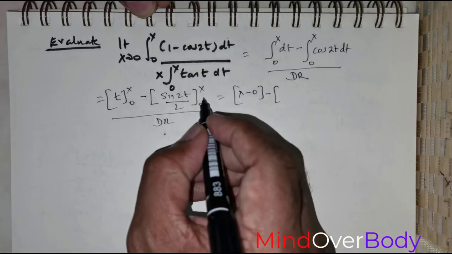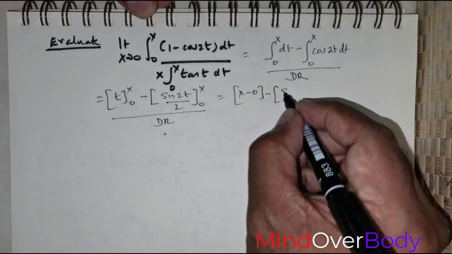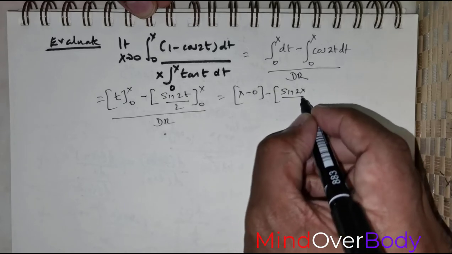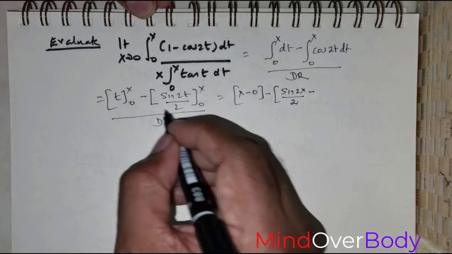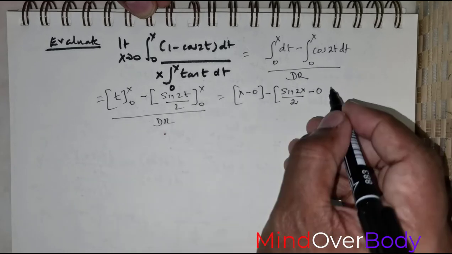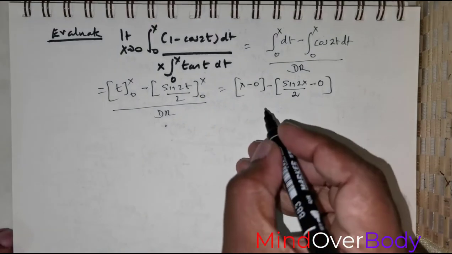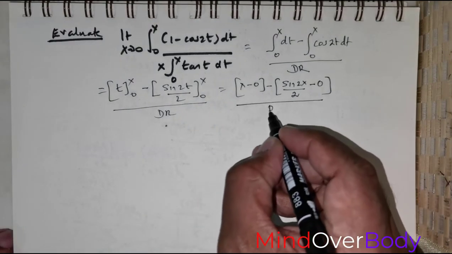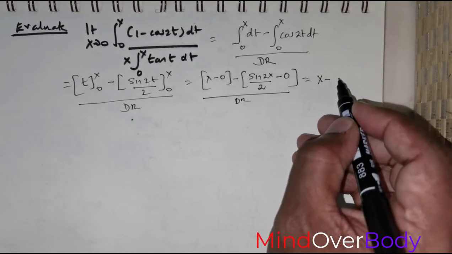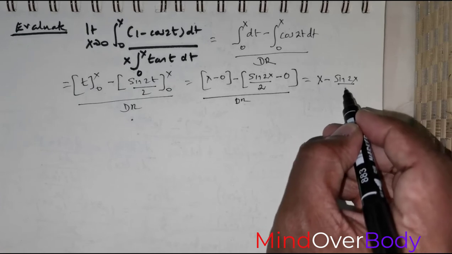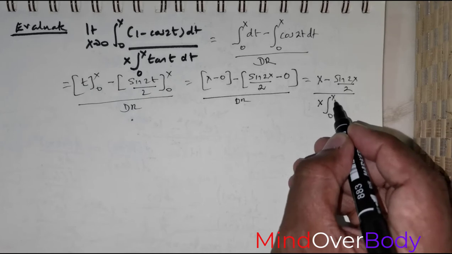I substitute the upper limit, I'm going to get sin 2x divided by 2, negative, I substitute the quantity 0, I'm going to get 0 everywhere. So this is divided by the denominator. Now if I were to rewrite this, this is going to be x negative of sin 2x divided by 2, divided by the denominator, which is nothing but x times integral 0 to x tan t dt.